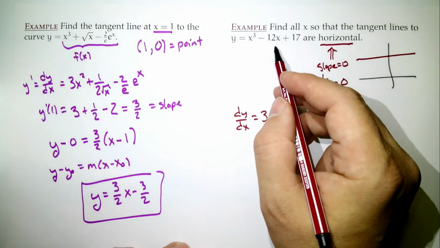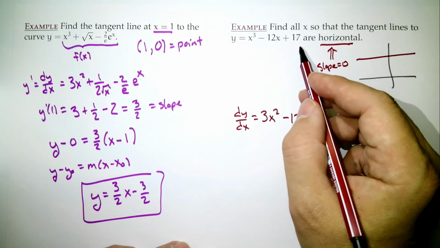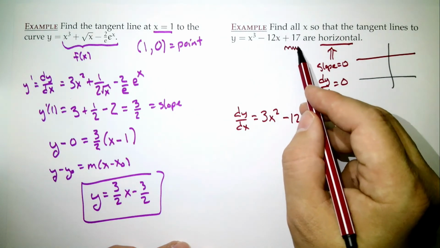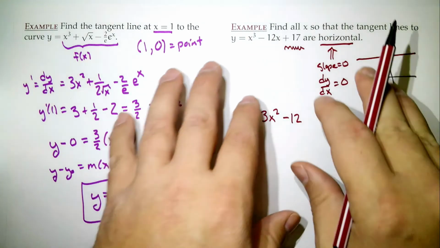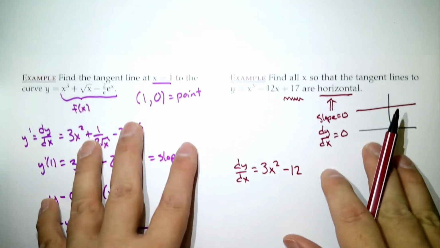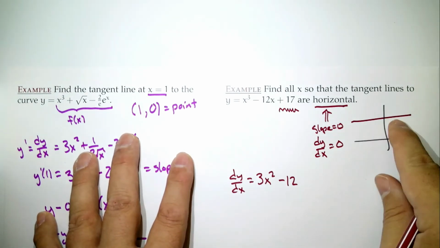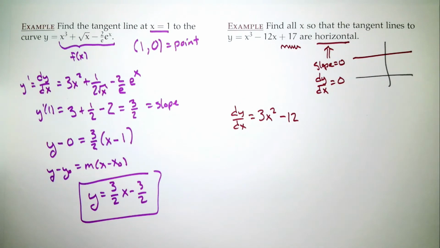Derivative of negative 12x? Negative 12. Derivative of 17 is 0. In fact, you'll notice I could have put any number here and it won't change the answer. And why not? Yeah, see, that 17 is that shift up and down. But if I have a horizontal line and I shift, it turns out it's still horizontal. So that's why it won't matter what that 17 is.